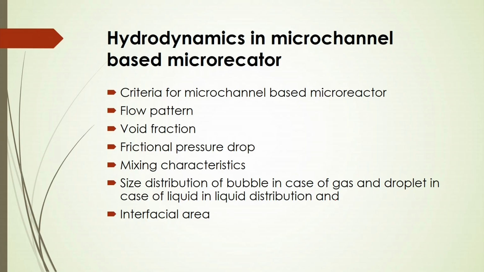So, in this lecture we will go through some hydrodynamic aspects: the criteria to develop microchannel based microreactors, what the channel diameter should be, what the flow pattern and void fraction should be, what the frictional pressure drop is and how to analyze it, and the different mixing characteristics, which is the main intensification criterion in these microchannel based reactors.